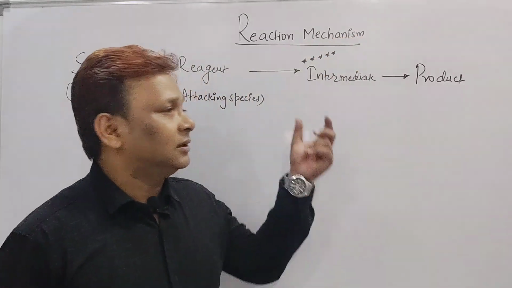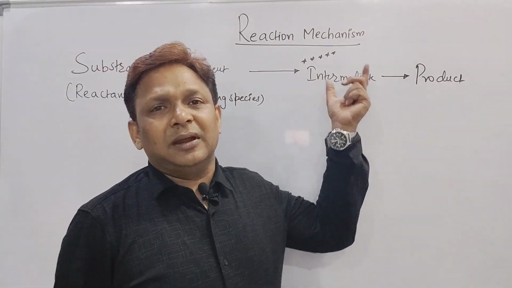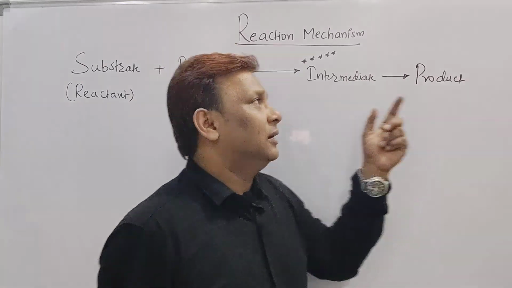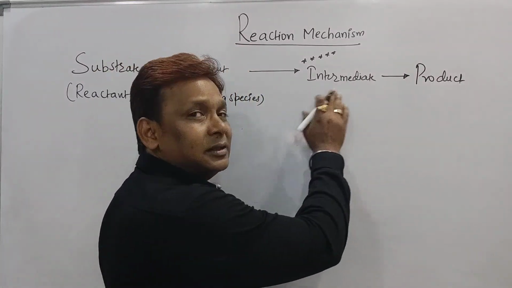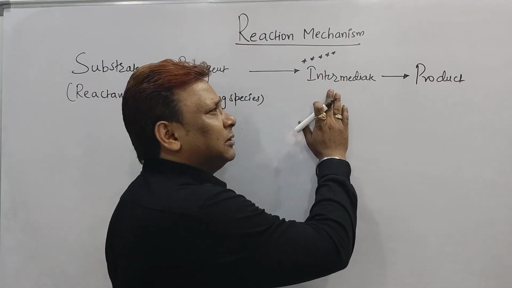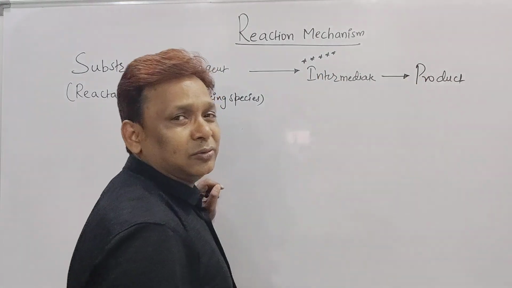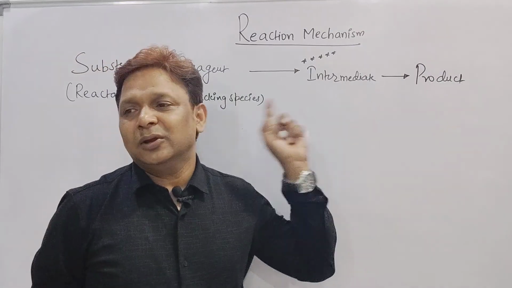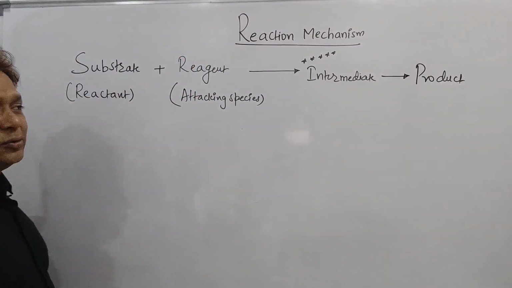Together they form the intermediate, then the intermediate forms the product. The intermediate is a highly unstable compound, and it directly converts into the stable product.